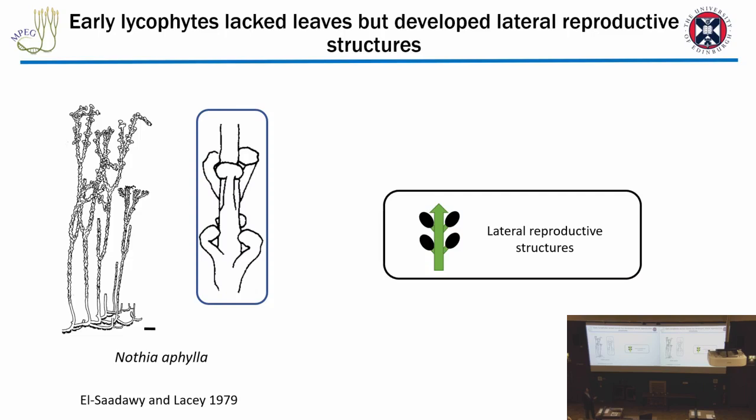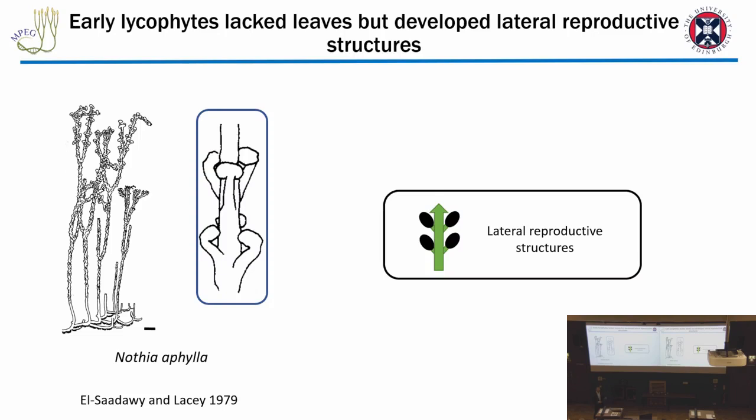So this plant here called Nothia is able to have its stem and produce reproductive structures on the side. Now, the advantage of this for a plant is it allows you to produce many, many more reproductive structures and continue growing over a much longer period of time. It enables you to have this prolonged growth and then to continue to reproduce over a longer period of time. A pretty good innovation. But still, no leaves at all.